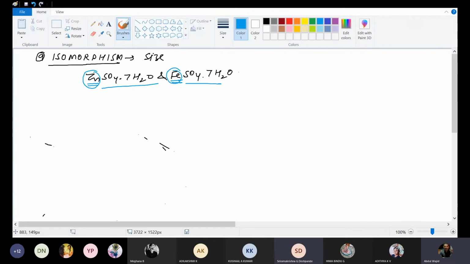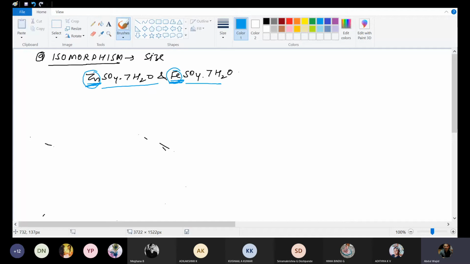Oxidation state is also the same: this is Zn2+, this is Fe2+. Their size is also almost the same, not exactly but almost. So in isomorphism, the size of the metal ion, here Zn2+ and Fe2+, is the same.